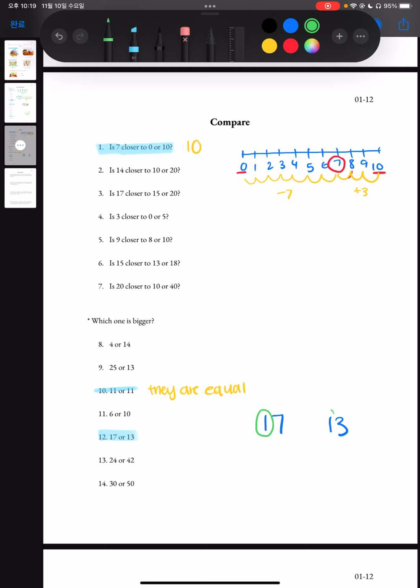We see that they are both 1, so they're equal to each other. After we know that the greatest value is the same, we are now going to move on to the smaller values. So for 17 and 13, we'll compare 7 and 3. We know that 7 is greater than 3, so we'll say that 17 is bigger.